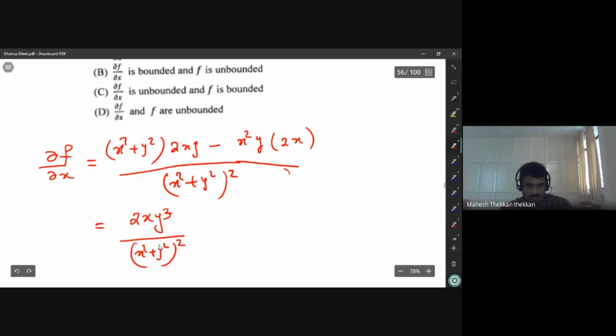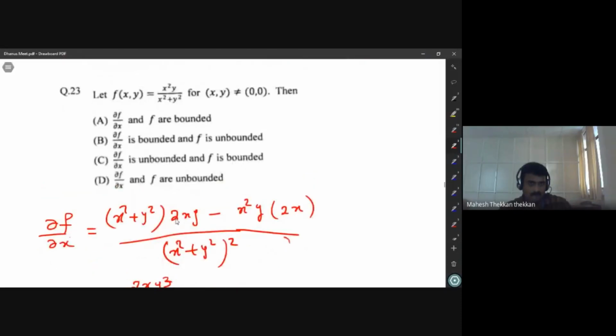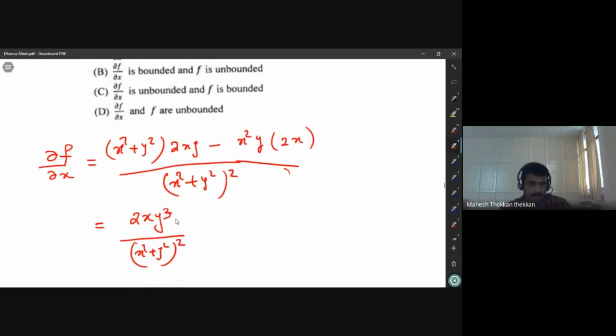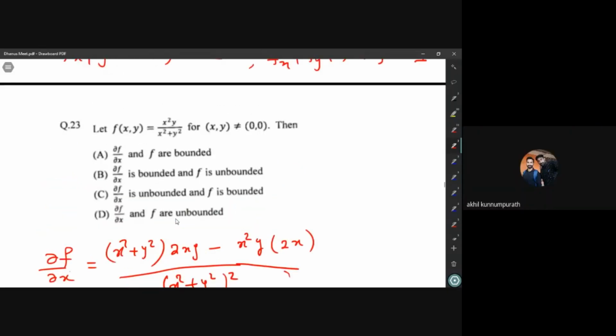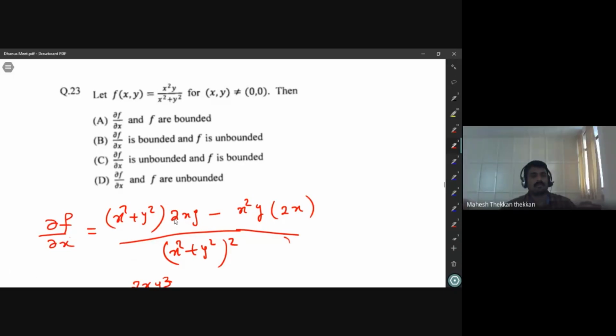I have done some mistake. Into 2xy. Is that correct? X square y into, 1 minute.